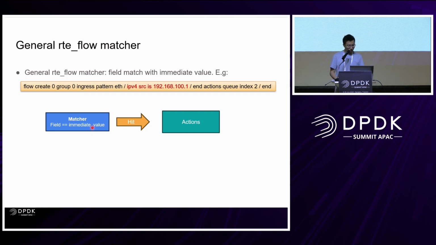No, this rule is not suitable for a VLAN packet. If you want to match a packet with VLAN, then I assume you need to specify the ETH type as the VLAN type, and maybe you also need to specify the VLAN ID. Okay, all right. Thanks.